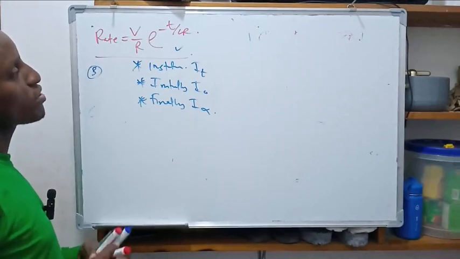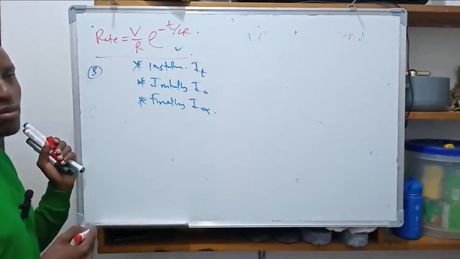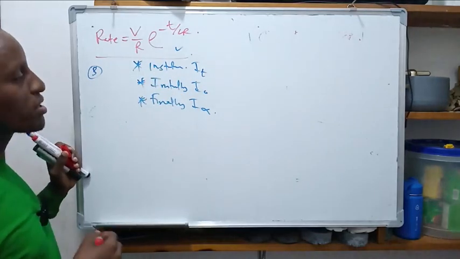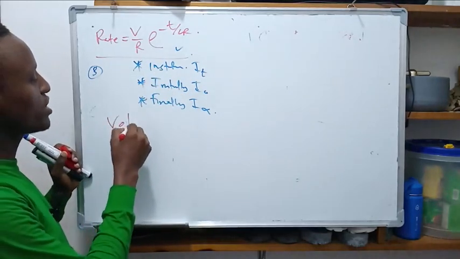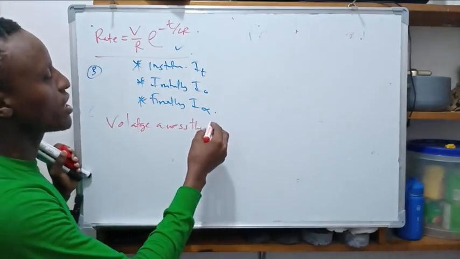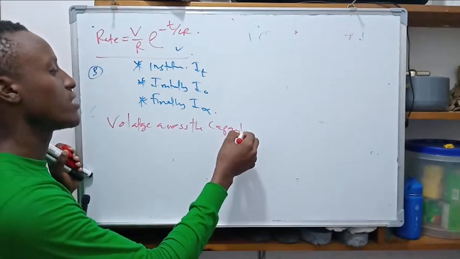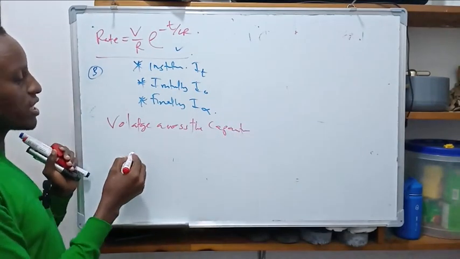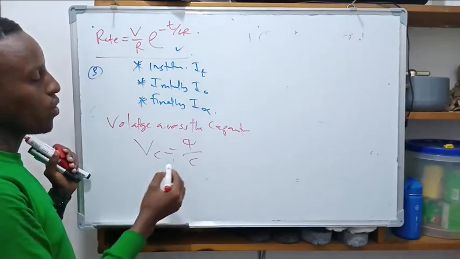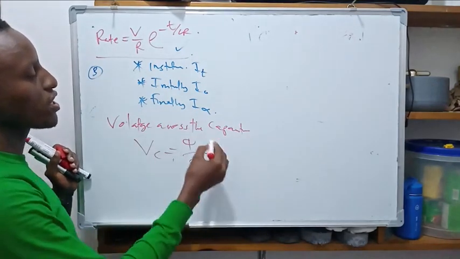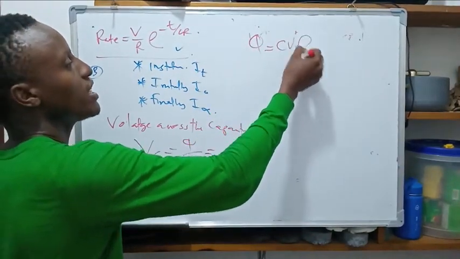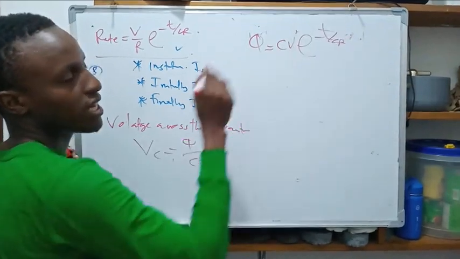We have just spoken about the rate and the nature of the graph. How about if they ask you the voltage across the capacitor? We know the voltage across the capacitor is Q over C. The Q we obtained is CV times e to the negative t over CR.